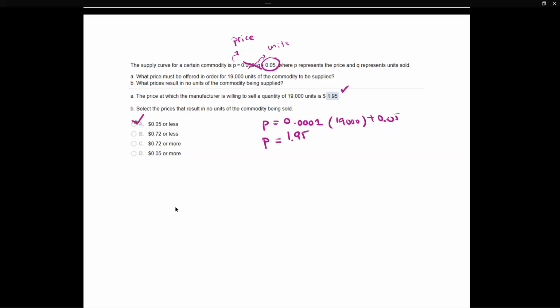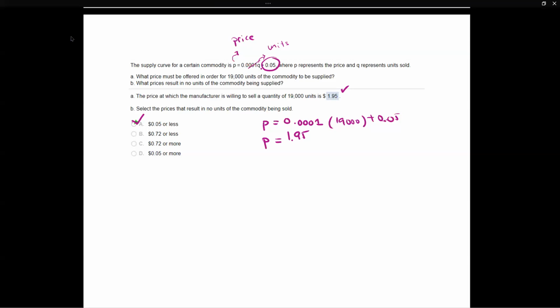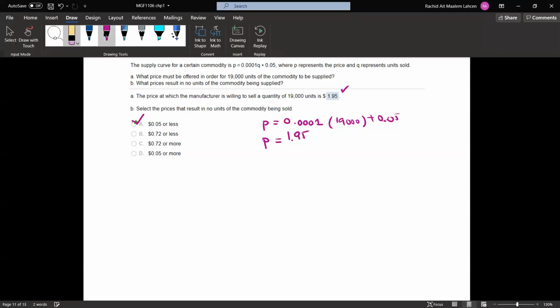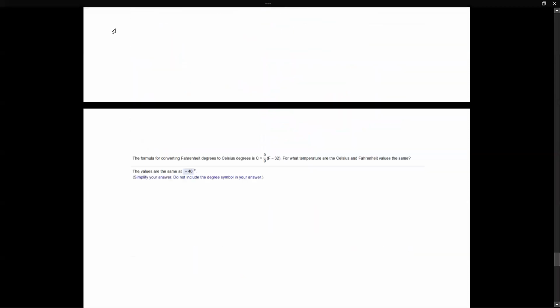So that's why it's this one. So let's go back and look at it again. If Q is 0, then it's 0.05. It can't be more because we need Q, right? New units sold. So I think that's straightforward.